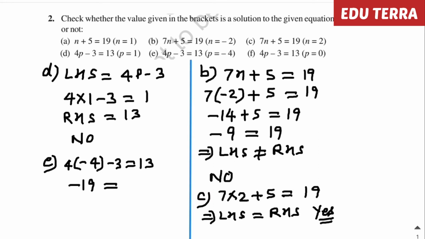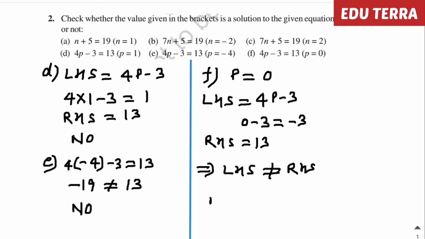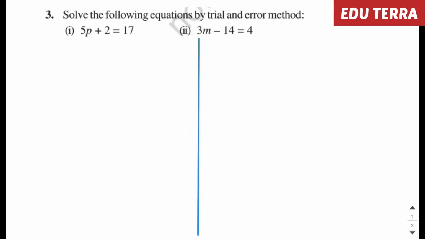It is not equal to 13, so again the answer is no. So what is LHS? LHS equals 4p minus 3. Substitute p equal to 0. So 0 minus 3 equal to minus 3 and RHS is 13. So here again the answer is no.